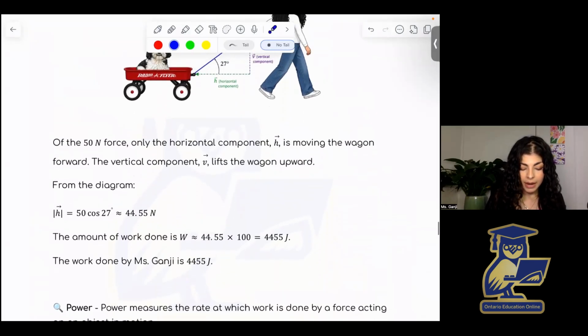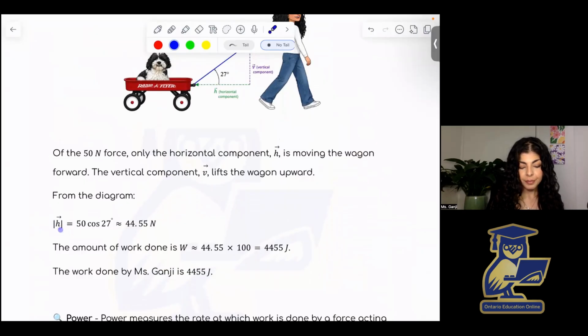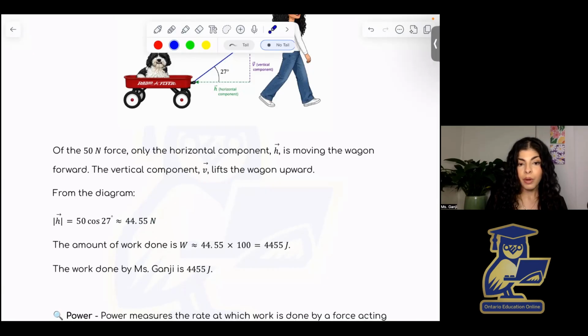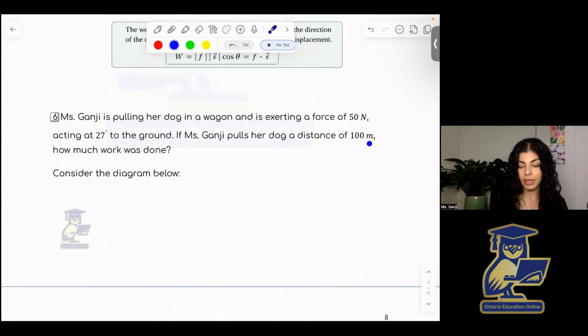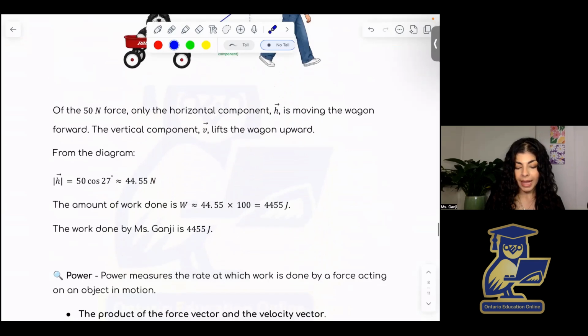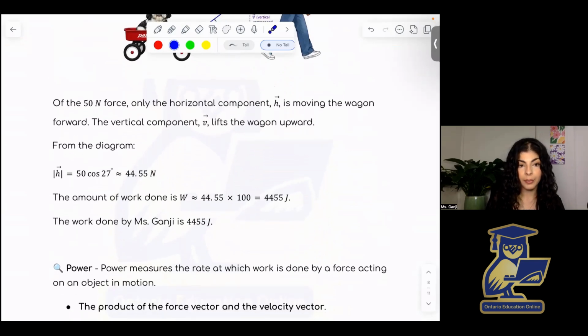And so from the diagram, we find that the magnitude of H, which is given by 50 cosine of 27 degrees, is 44.55. And the amount of work that I've done is the displacement, which was, I moved my dog a distance of 100 meters, and the work that I did in the horizontal direction here. So I'm only looking at that 44.55 N. And so this multiplied gives me 4,455 joules.